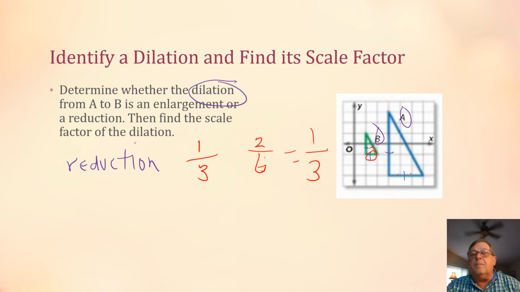A little bit, not a complete proof, but a little bit of proof that not only are they similar, they are in fact a dilation or a transformation, and it is a reduction. And you know what? If those two legs have the same scale factor, that means that the hypotenuse, which I'd have to manually calculate, is also going to have the same ratio. How about that?